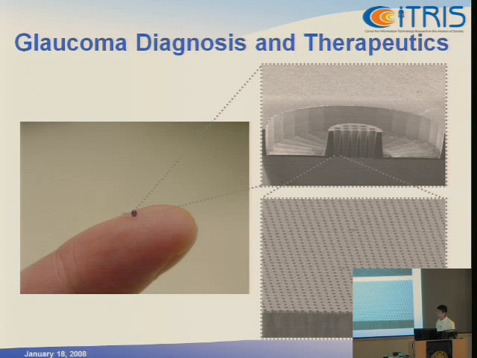Each of them is about 1 centimeter in diameter and connected to a biomedical tube to drain the eye fluid. And this is the nanoporous membrane we fabricated as a bacterial barrier to prevent bacteria getting into the system. Each of the pores is about 100 nanometers wide.